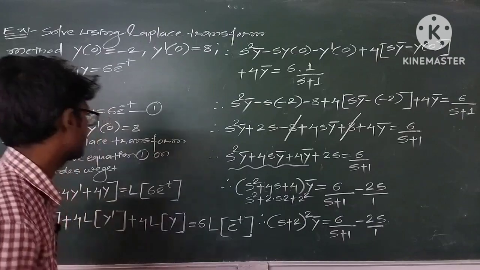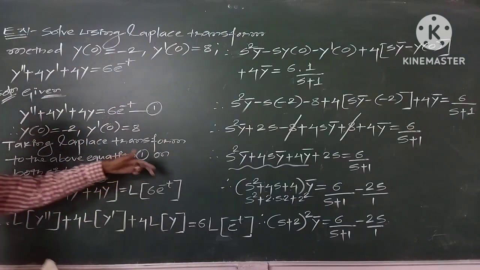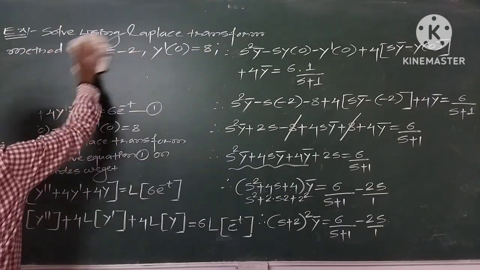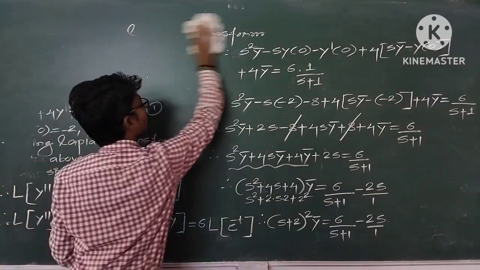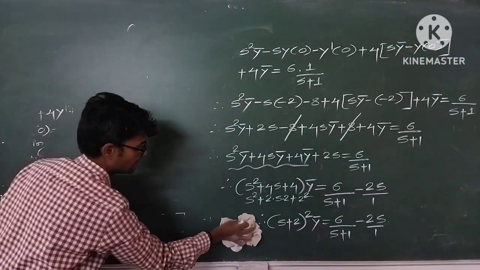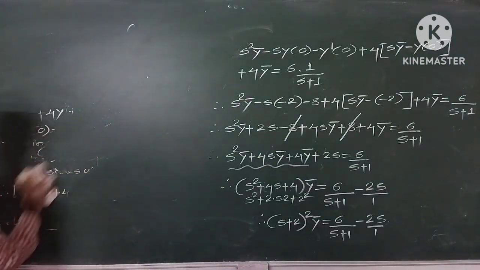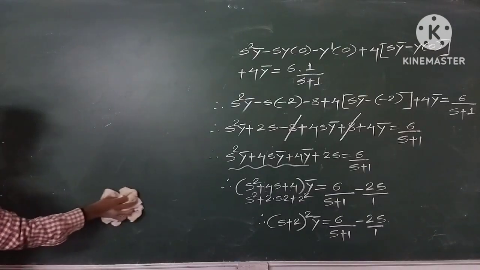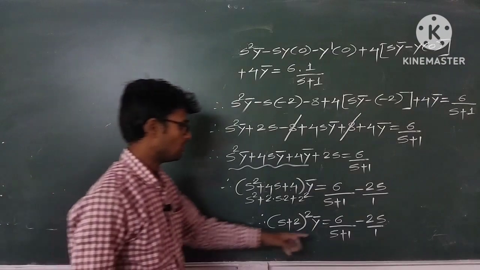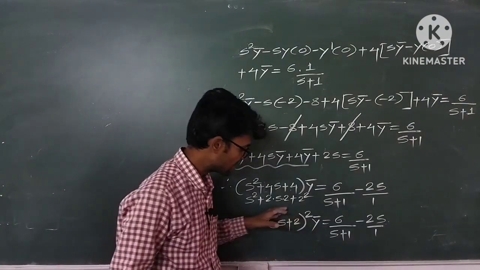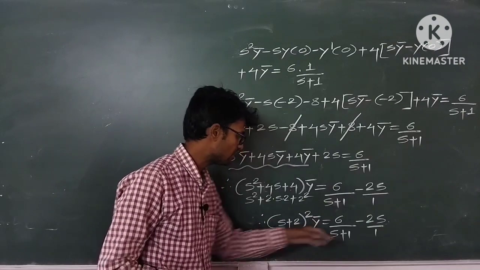Alright. Next, I will take s plus 2 whole square to the right side. S plus 2 whole square is multiplied with y bar, so if I take it to this side, it becomes division.